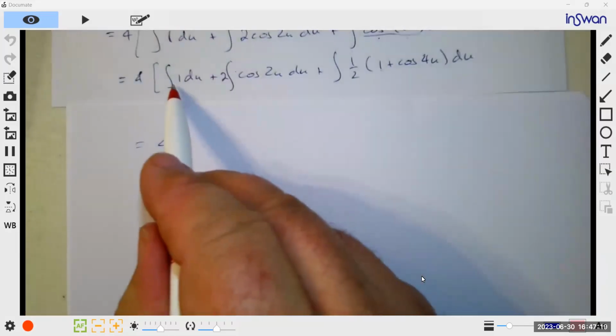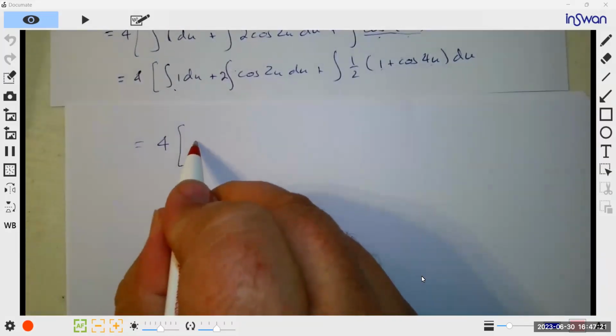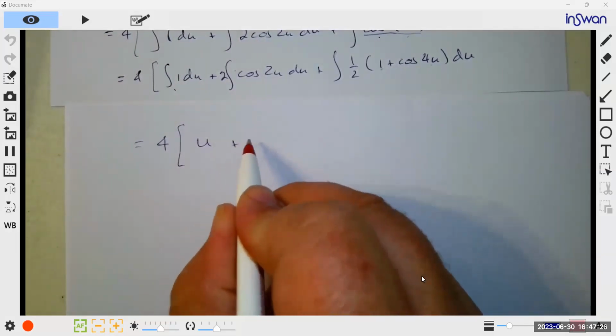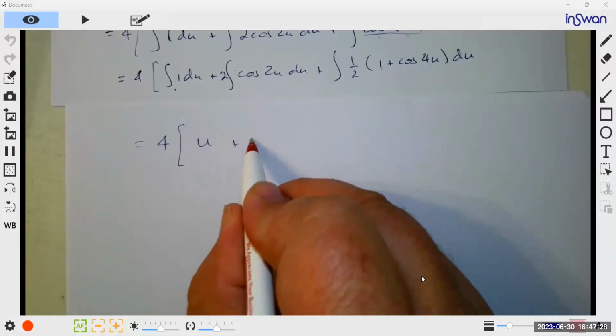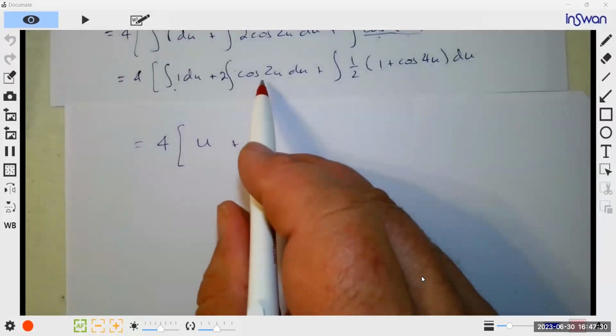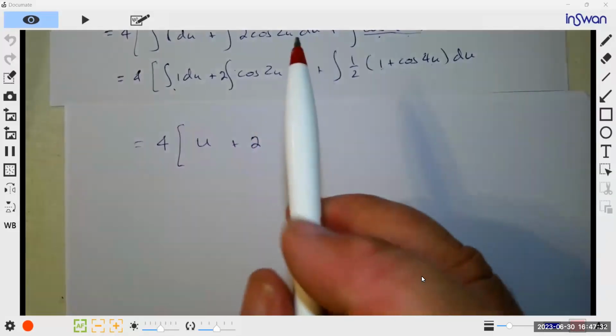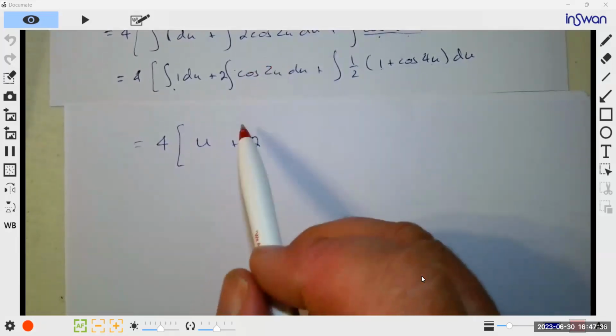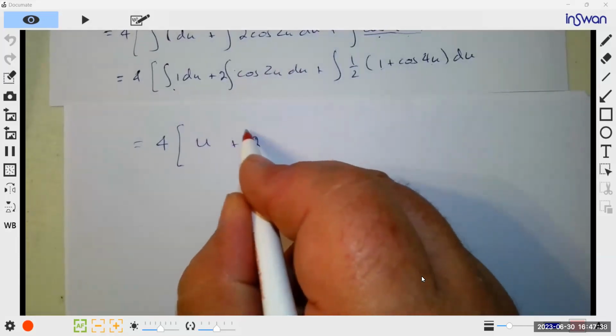The integral of 1 is u. The integral of, let's see, oh no, we need to keep that there.